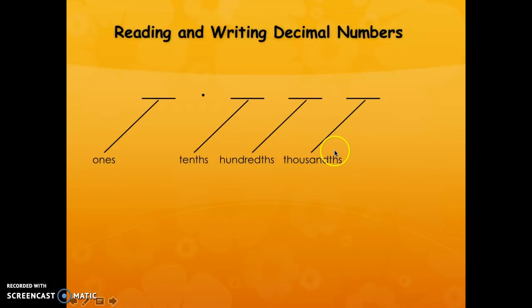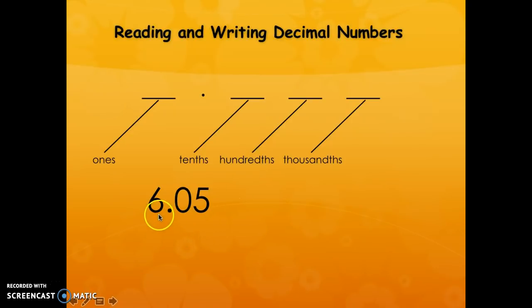So when we're on the right side of the decimal, these are pieces of a whole, and they end with THS. Your decimal point always uses the word and. So look at this number. We have 6, and here we have a 5 in the hundredths place.